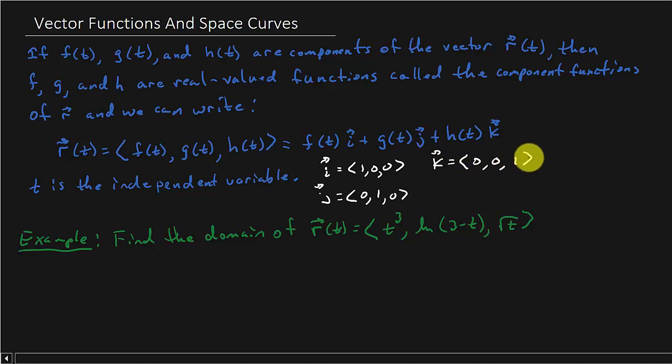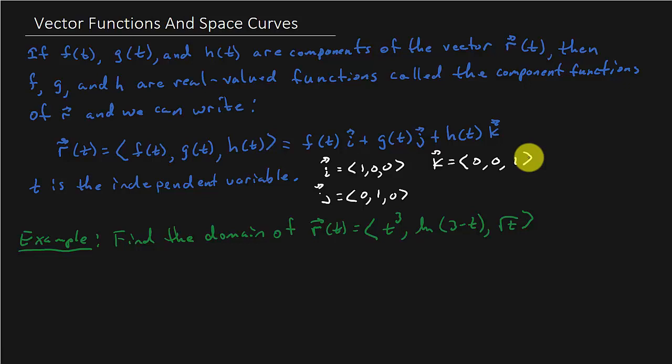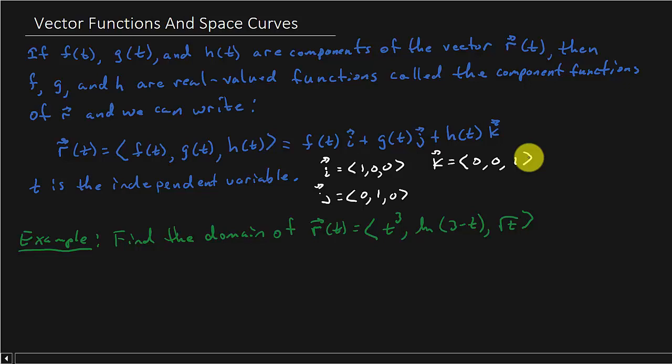All right. So it's like a vector, except instead of having numbers there, like vector 1, 2, 3 or vector -2, 5, 3, the components are these functions f of t, g of t, and h of t.